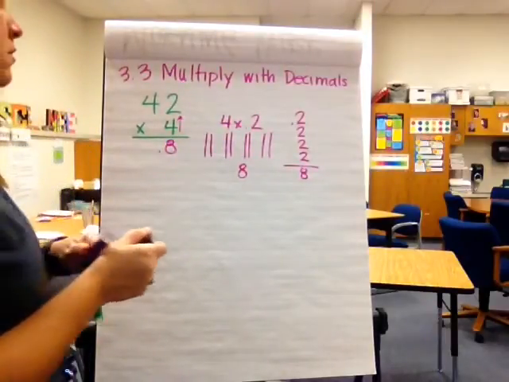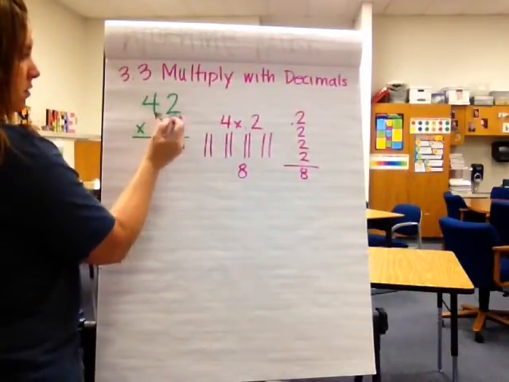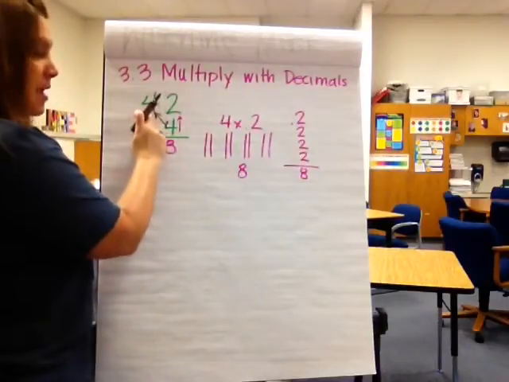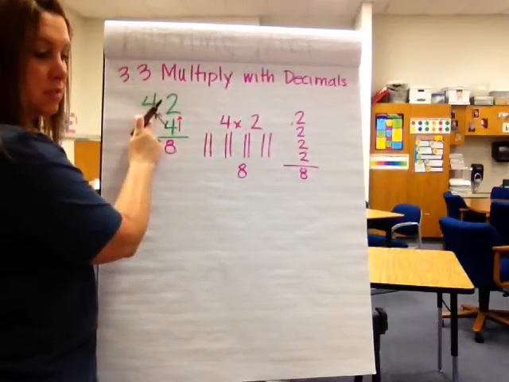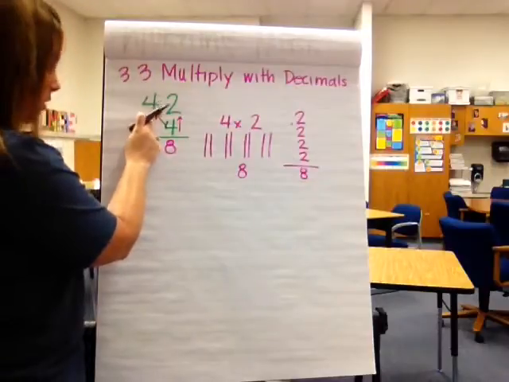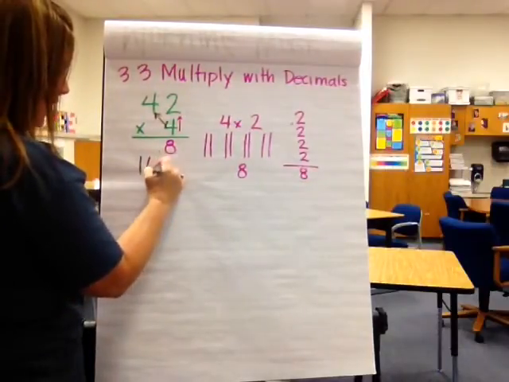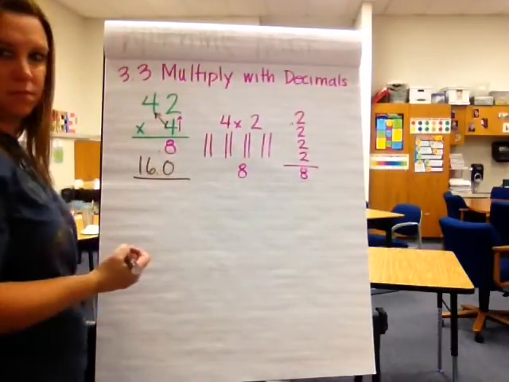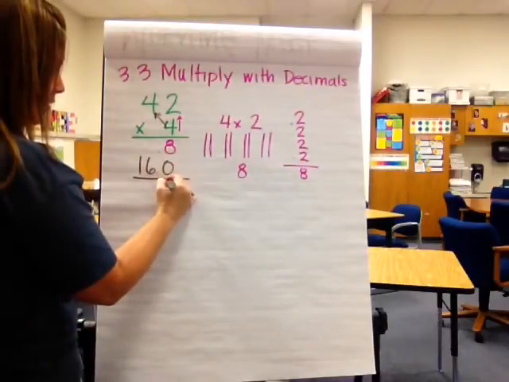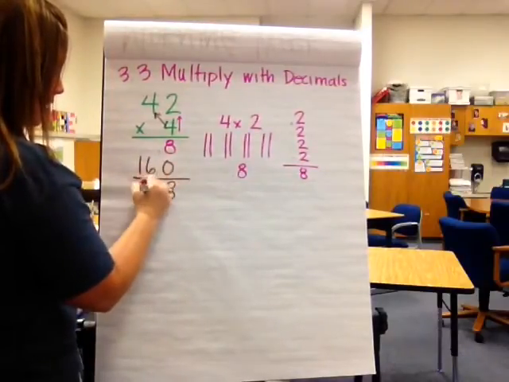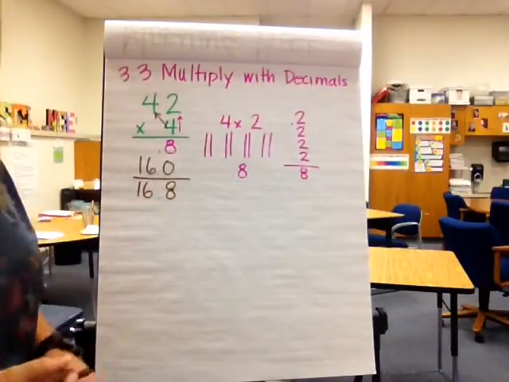Okay, just like the other way. 4 wholes times 4 wholes is 16 wholes. If I were to line up my decimals, it would look like that. Okay, 8 plus 0 is 8. 16, so 16 and 8 tenths.